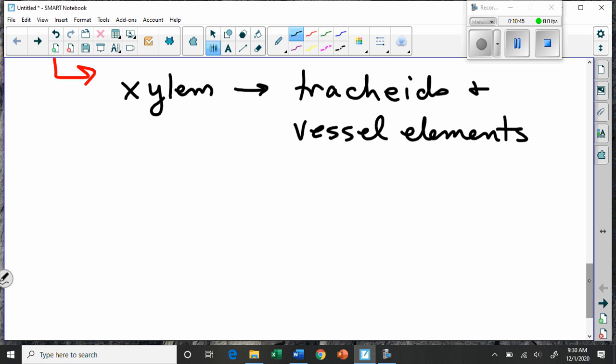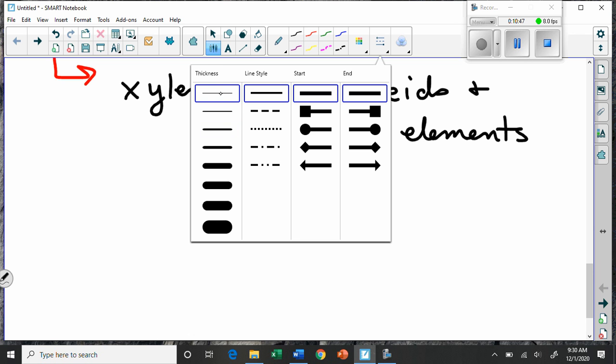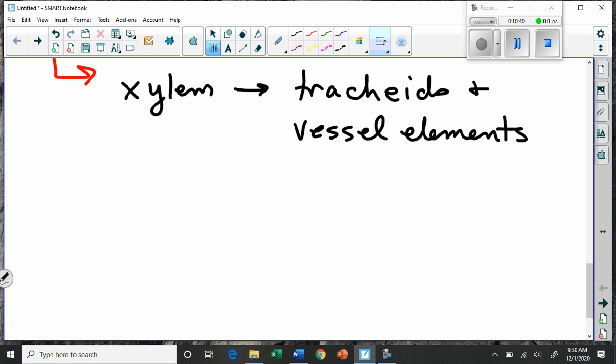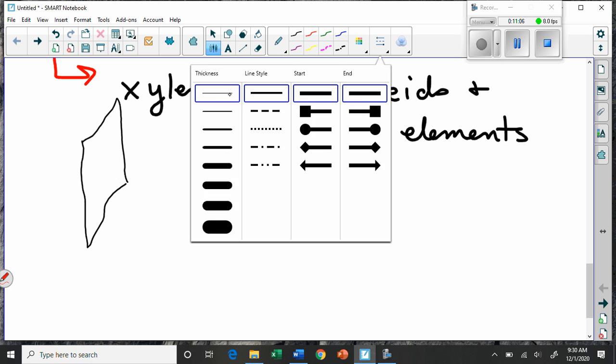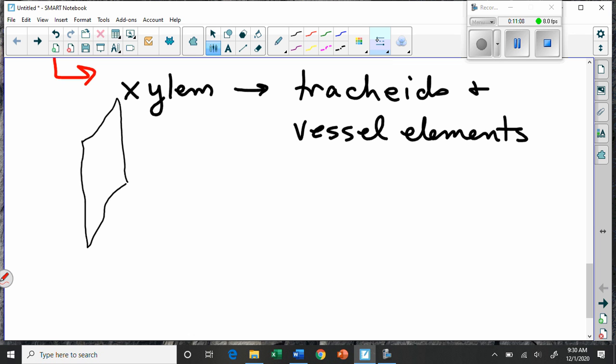The tracheid is a cell. I'm going to get a thinner line here. And the cell grows into a long sort of tube-like shape. Something like that. And then the next cell, which I'll draw in a different color so we can see the two together, wraps up against it like this.